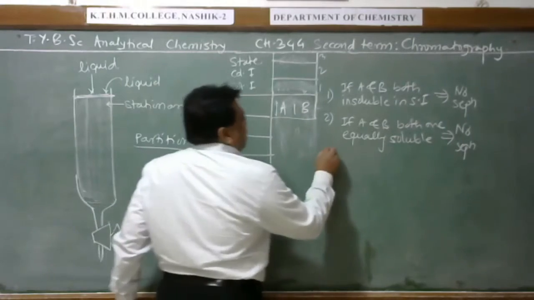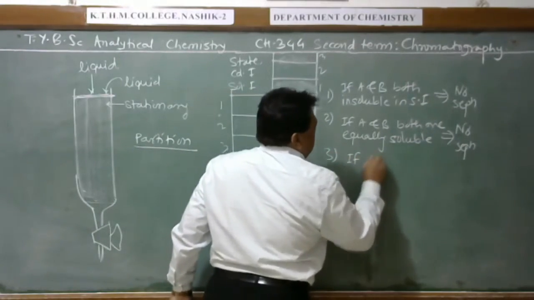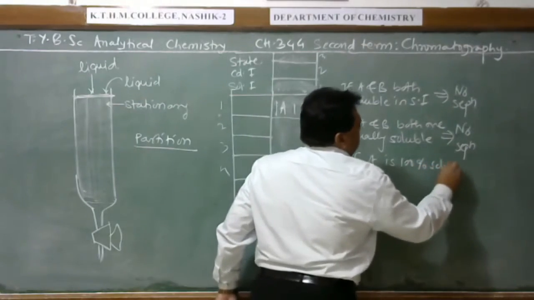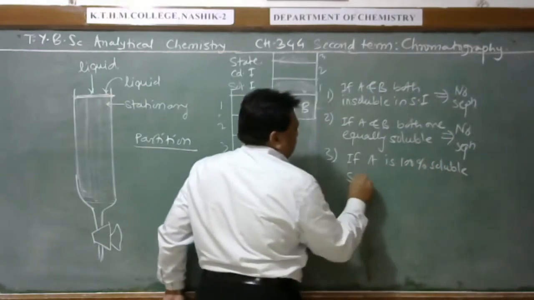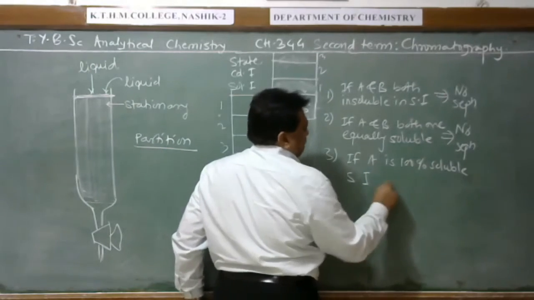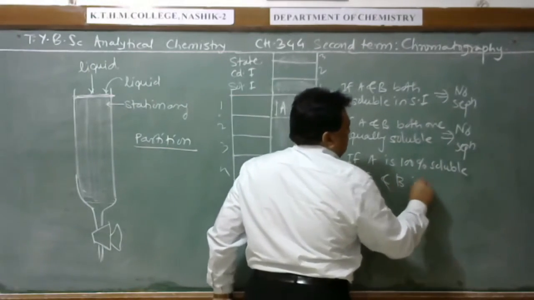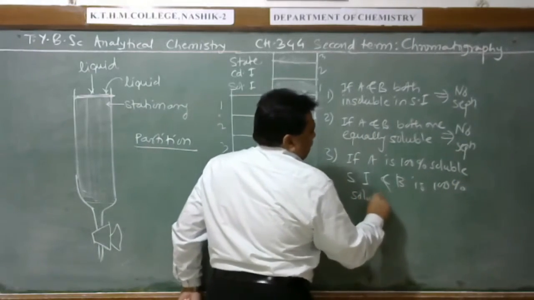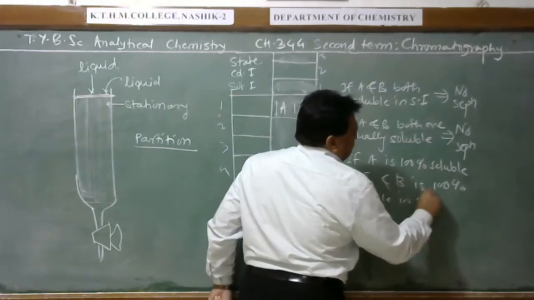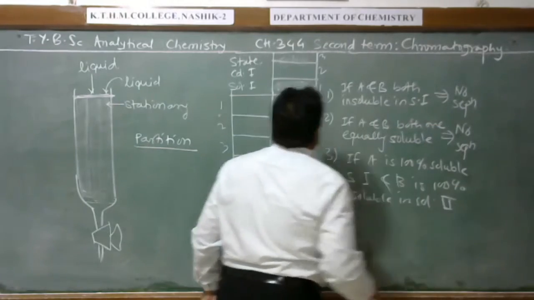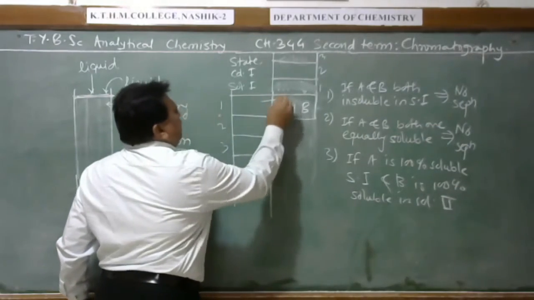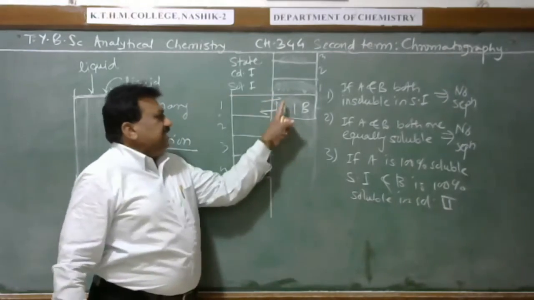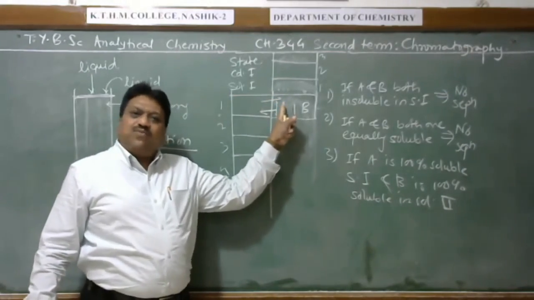Third condition is that if A is 100% soluble in solvent first, that means in stationary phase, and B is 100% soluble in solvent second, then here a single distribution gets these two components separated. That means a single box is required only for separation.